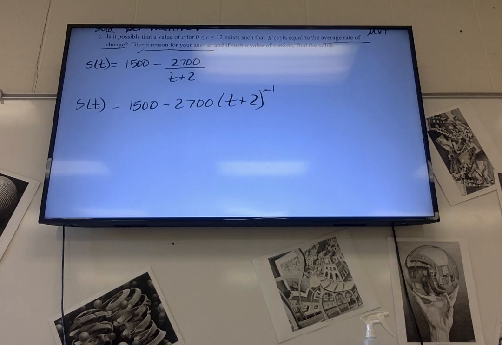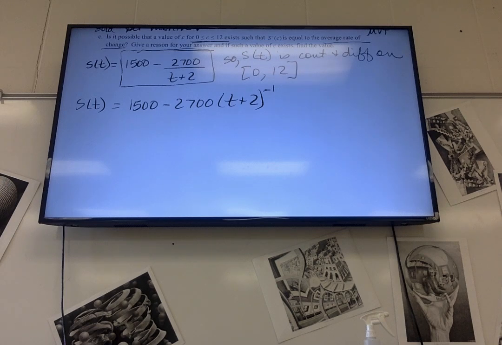The only value at which S of t is discontinuous is what? Where does this give us a problem? Negative 2. Negative 2 is not in there. So S of t is continuous, and I'm about to show that it's differentiable. Wait, would it cause us a problem? Yeah, because it's under the line.